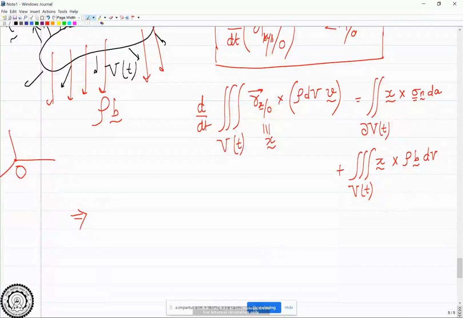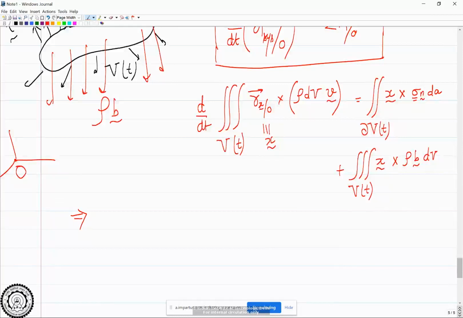In linear momentum balance, did we define it as force per unit mass? No, no, no. It's B which is force per unit mass, but rho times B is then force per unit volume. Okay, sir.